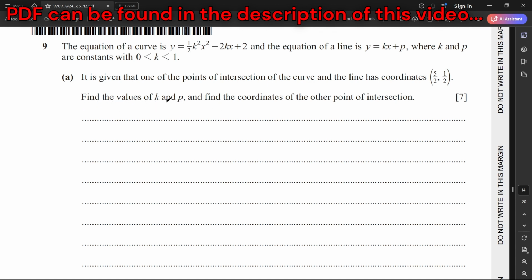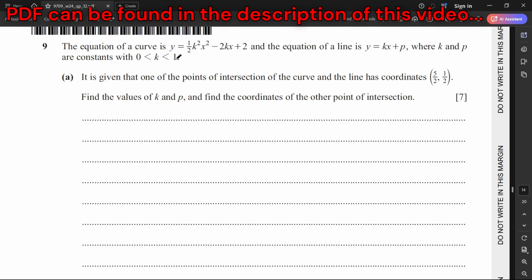And then once we have the values of k and p, we can also find the coordinates of the other point of intersection, because we know that in a quadratic curve, if there is a line, at max we can get two solutions, or the other possibility is we can get only one solution, or the other possibility is we cannot get any solution. So in this case, they are telling us that there are 2 points of intersection. One point is already given to us, and the other point we need to find based on the values of k and p. So what is the first thing we can do? And it is of 7 marks, by the way.